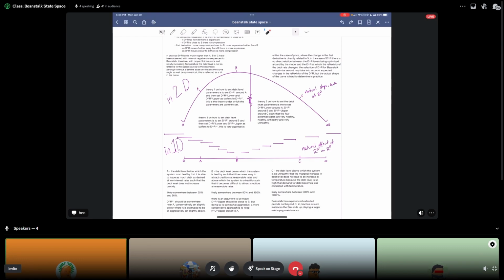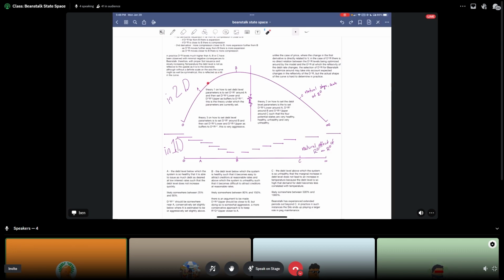But there's some point at which we don't know if this is actually where it is or if it's over here or over here. But there's some point at which the system is so healthy that it's able to issue as much debt as desired at low interest rates, such that the debt level really doesn't increase quickly. So even when the price decreases, Beanstalk can just issue as much debt as it wants at very low interest rates, and therefore the debt level is just not going to increase very quickly.